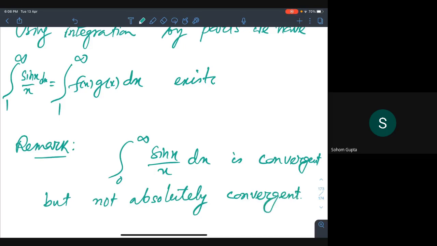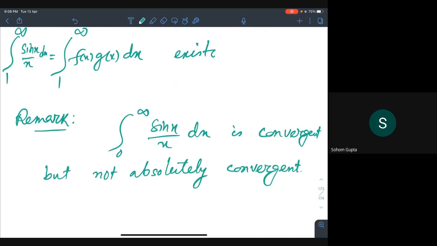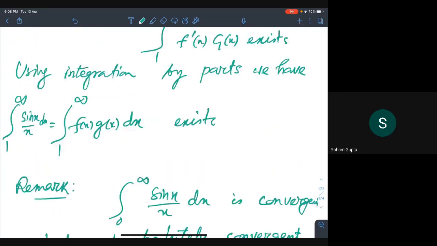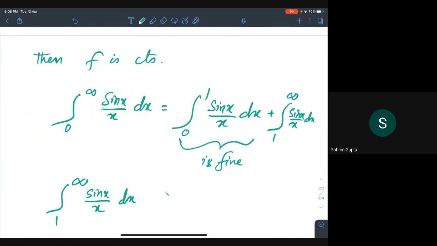Okay. Next time we'll show this part, and we'll define beta and gamma functions. All right. Any question here? Is this clear?